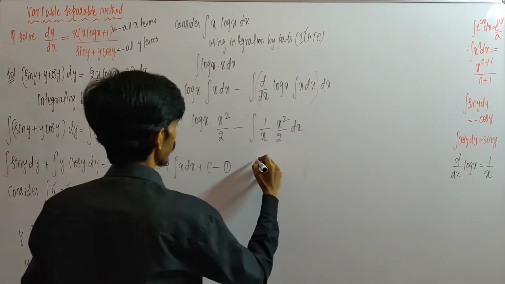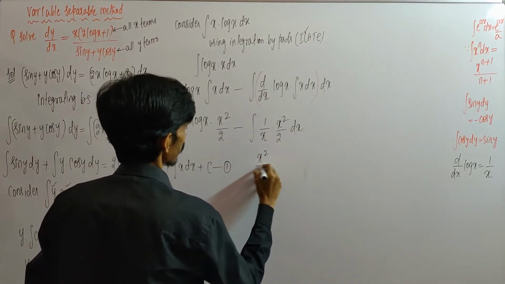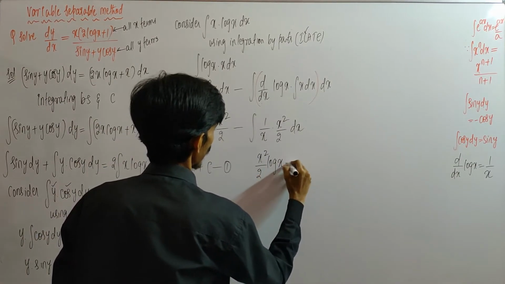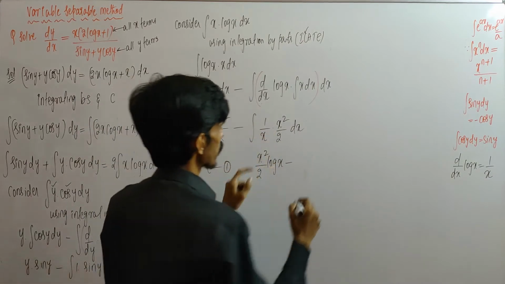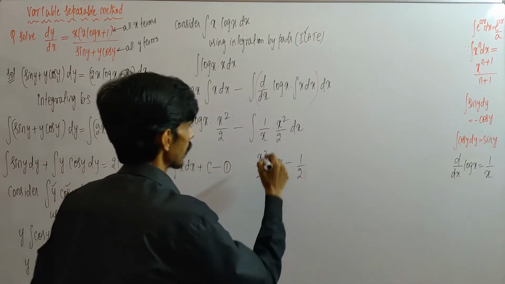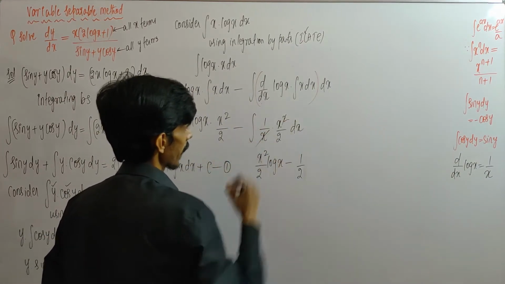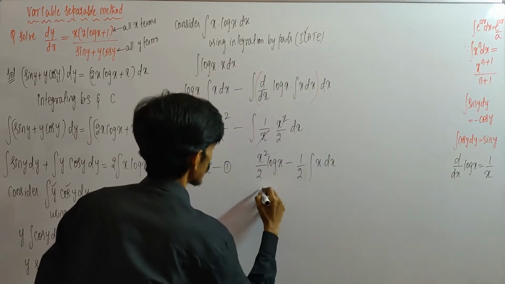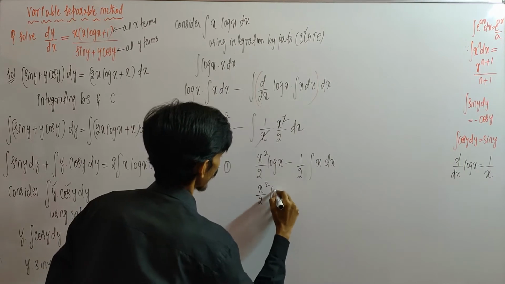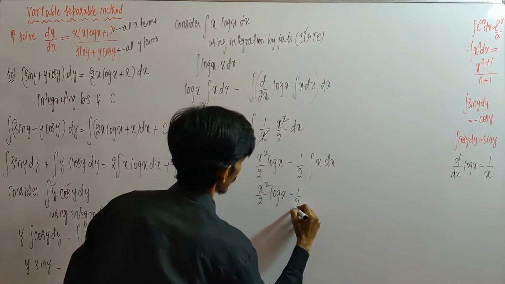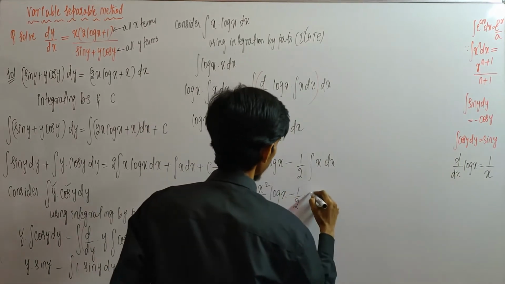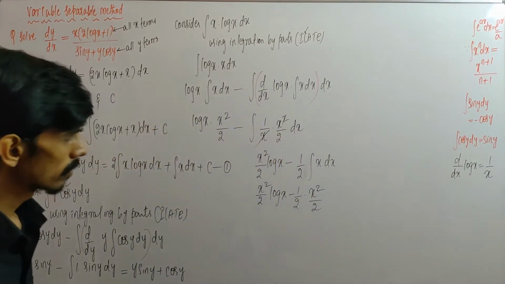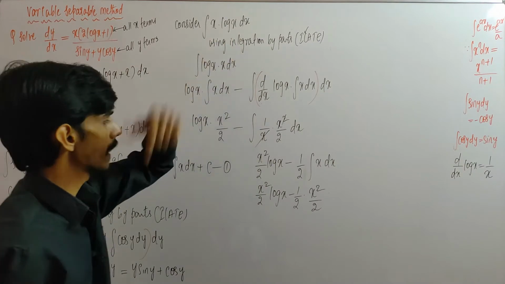Now this will become x square by 2 log x minus, taking minus 1 by 2 outside, this x and 1 x from here, integration of x dx. So I get x square by 2 log x minus 1 by 2 into integration of x, which is x square by 2. We got the value of this integral.